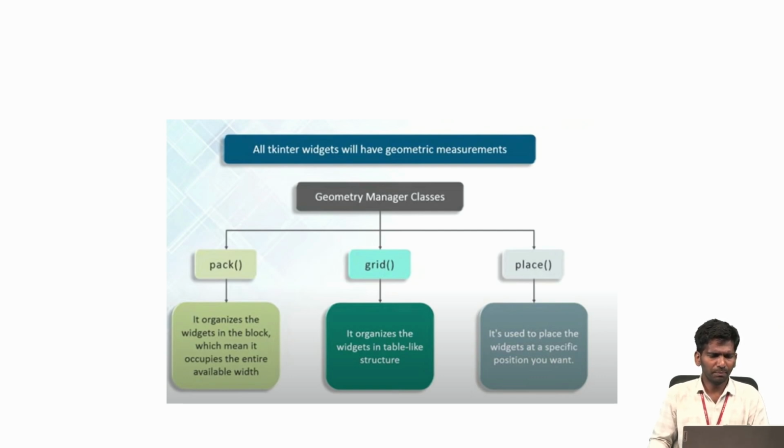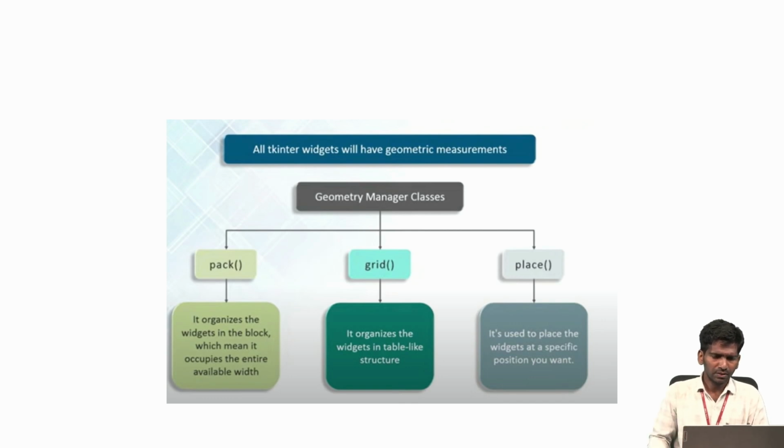In pack you will just mention the coordinates. In grid we will mention rows and columns. In place we will mention the x coordinate and y coordinate. When I show it practically, you will be able to see it.